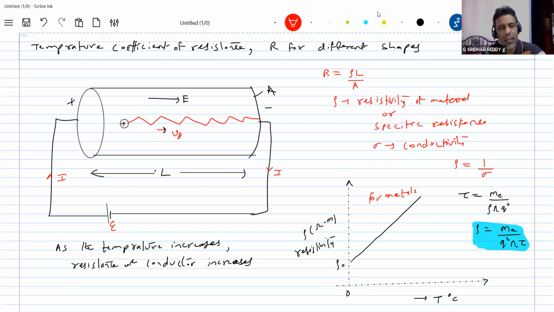So at the atomic level, what happens as the temperature increases and the resistance of the conductor increases? What is the reason there?